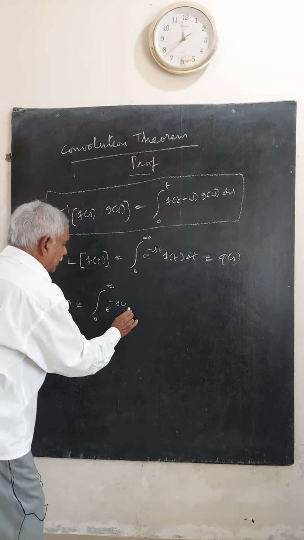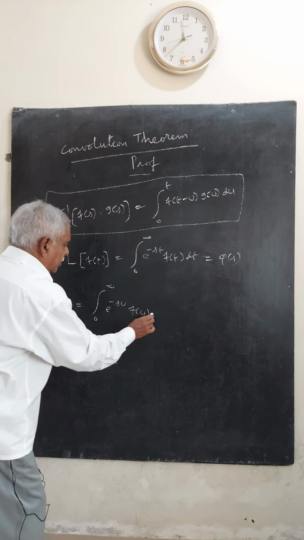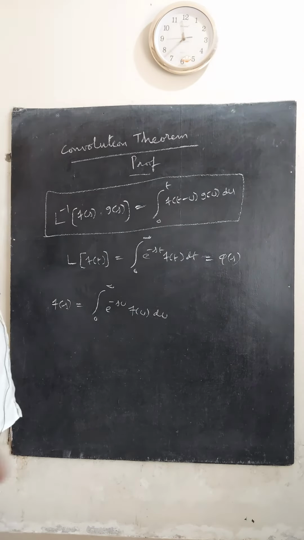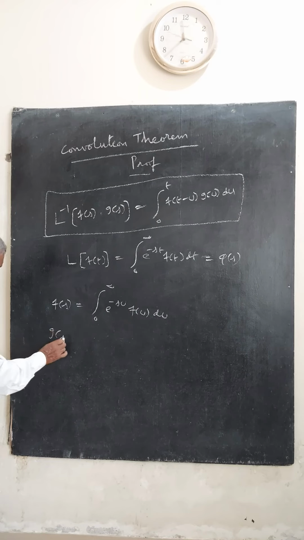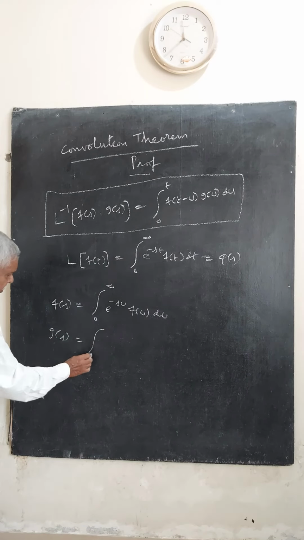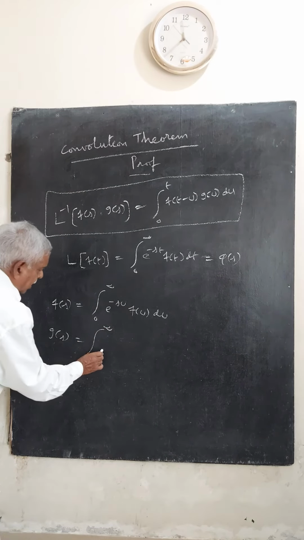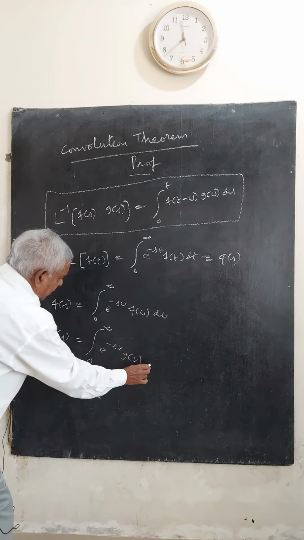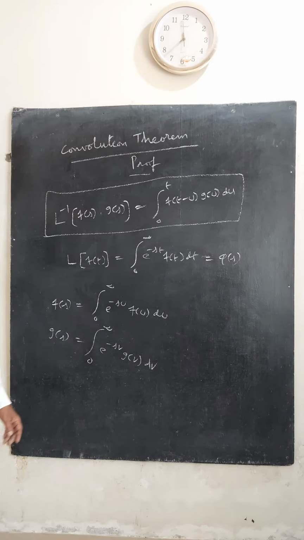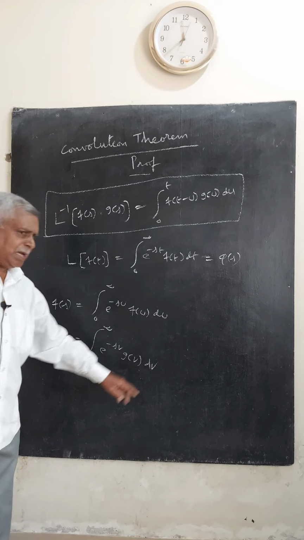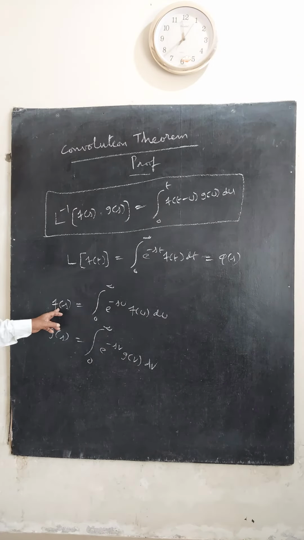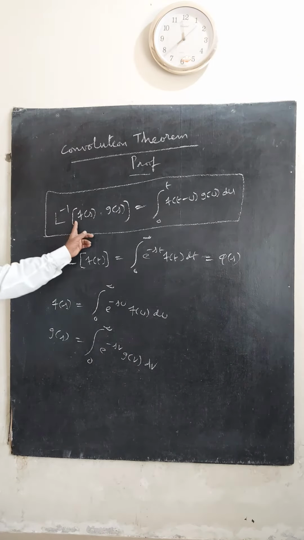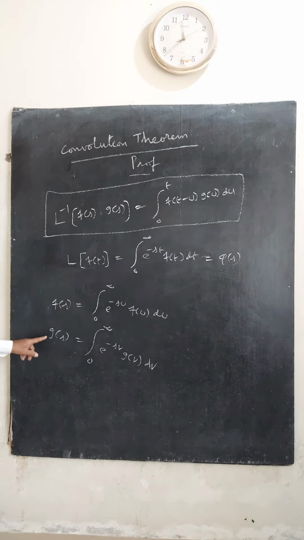Again for G(s), G(s) equals the integral from 0 to infinity of e power minus sv g(v) dv. Here the variable is u, here the variable is v. The result is a function of s. We are multiplying both F(s) and G(s).